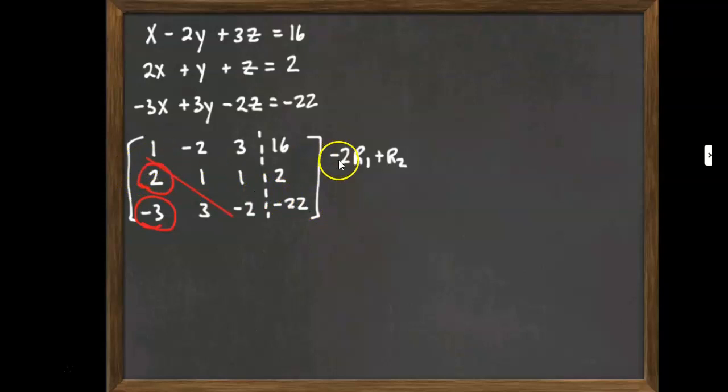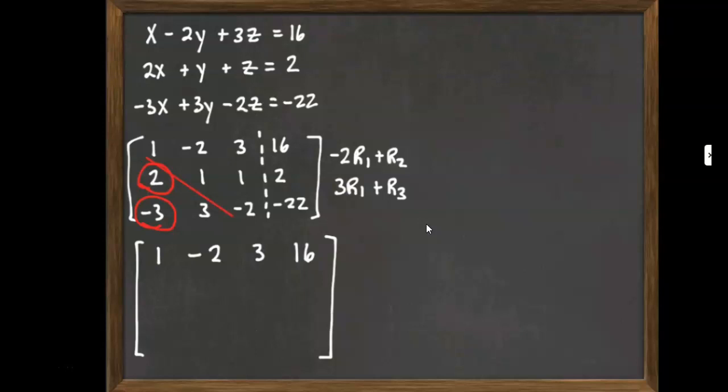All right, and if I did that, minus 2 plus 2 will be 0, and it'll eliminate. And I'll carry that through in a moment. For the third row, I'm just going to do 3 times the first row, and then add that onto the third row. And so again, that would eliminate the minus 3 as well for the third row.